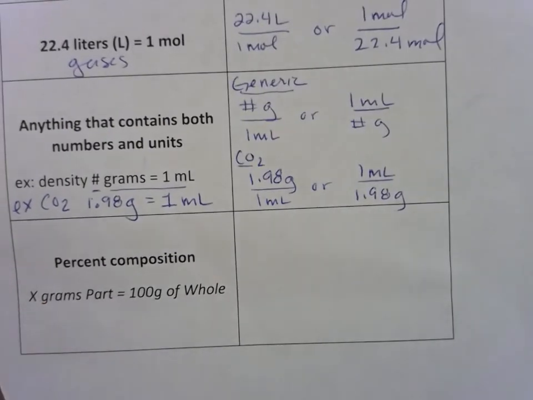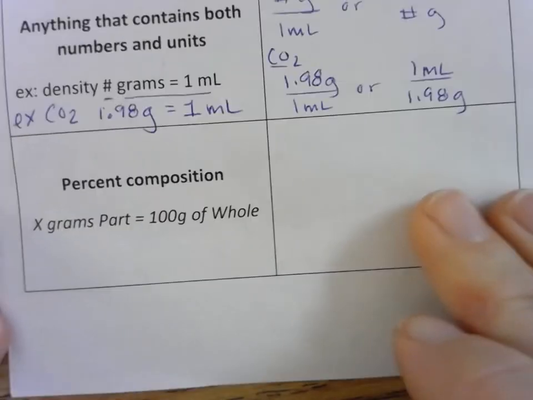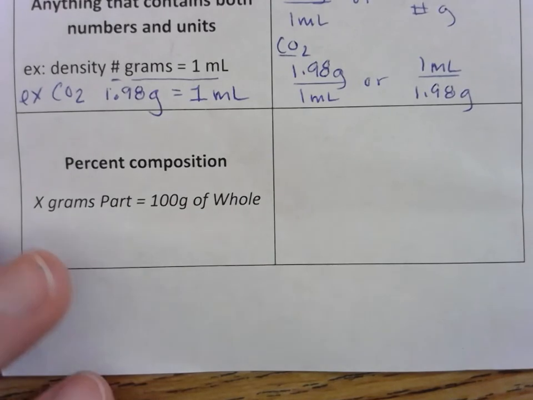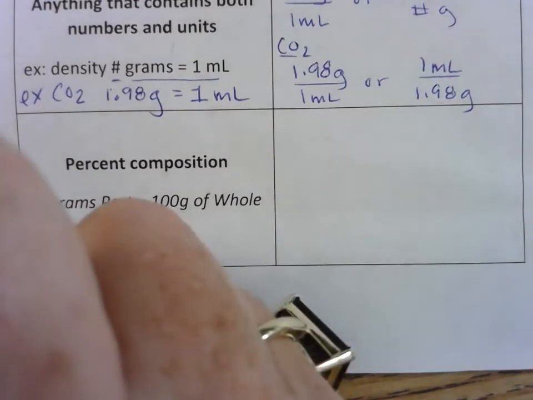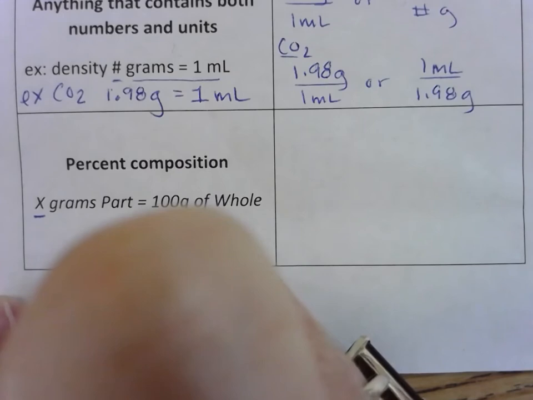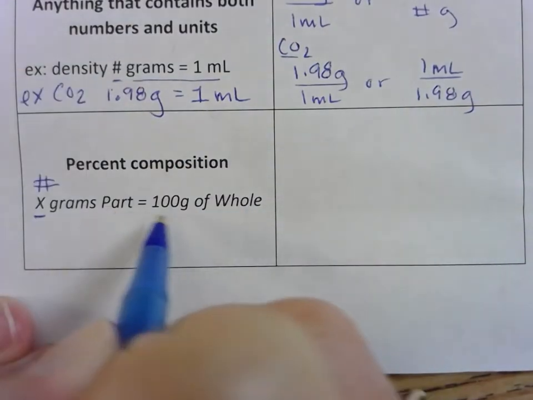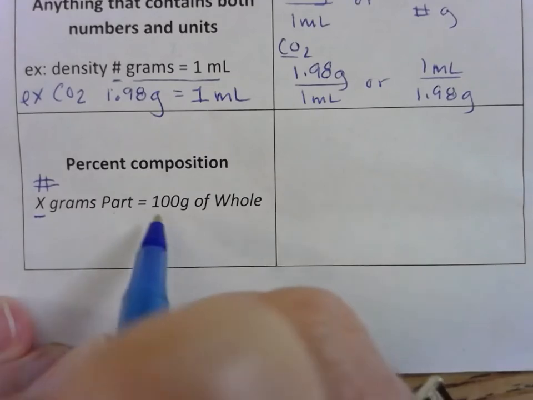And the last part is percent composition. We talked about this, but we have percent compositions, which are some sort of number of grams. I probably should have had a number there. Number of grams of the part is equal to 100 grams of the whole.